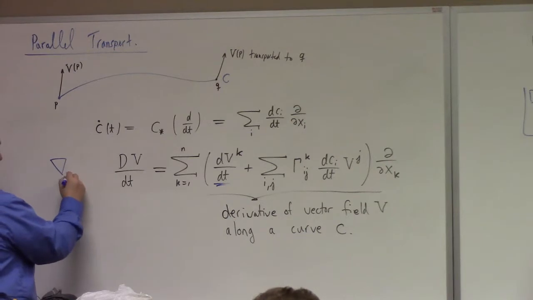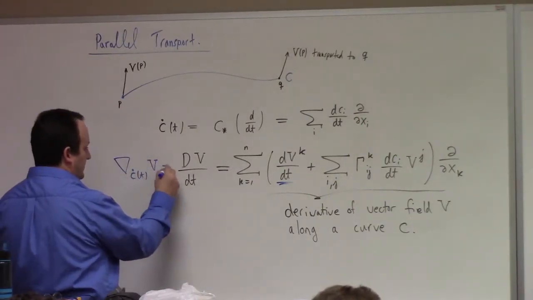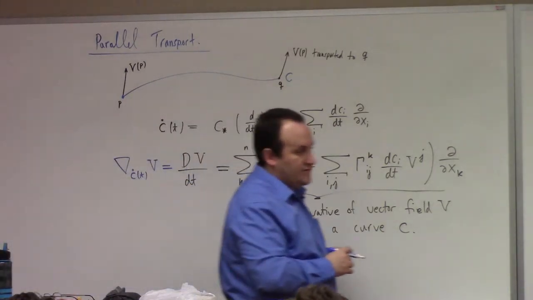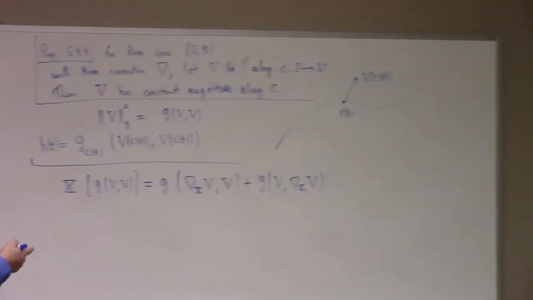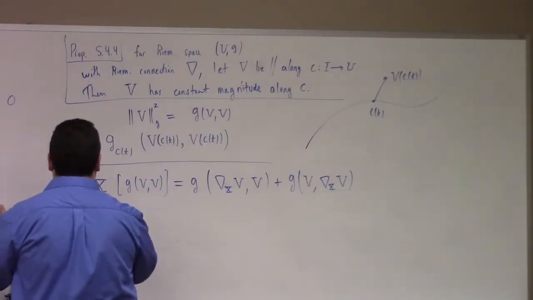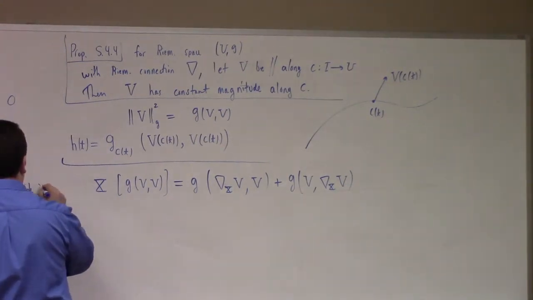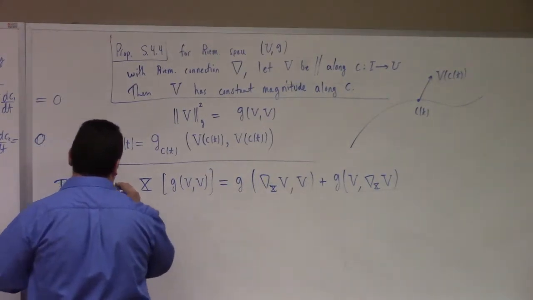Nabla sub c dot of t of V, right. So in here we should think X equals c dot of t.